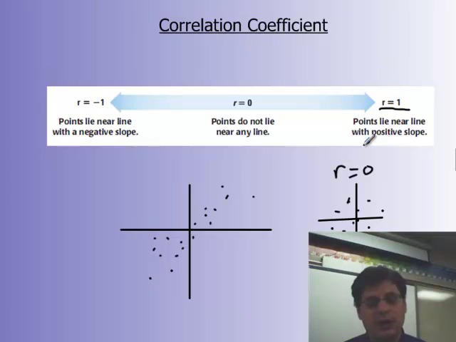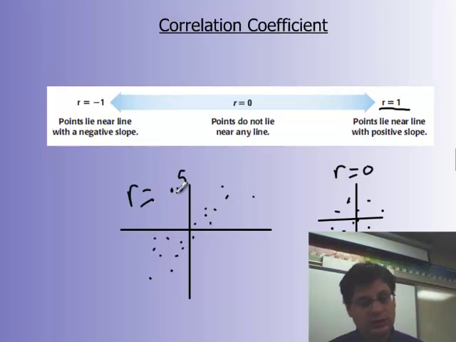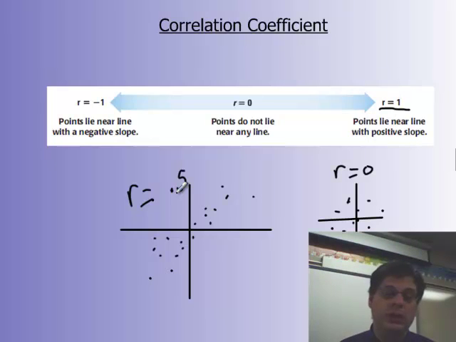Well, then I would estimate my R value as positive, but not super strong. So maybe I'd give this an R value of 0.5. It's a loose association, but you can clearly see it has a positive trend to it. And if it was a loose association but headed downward, then our R value or correlation coefficient would be, let's say, negative 0.5.